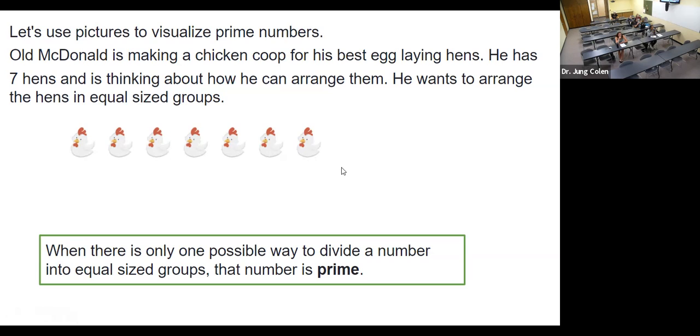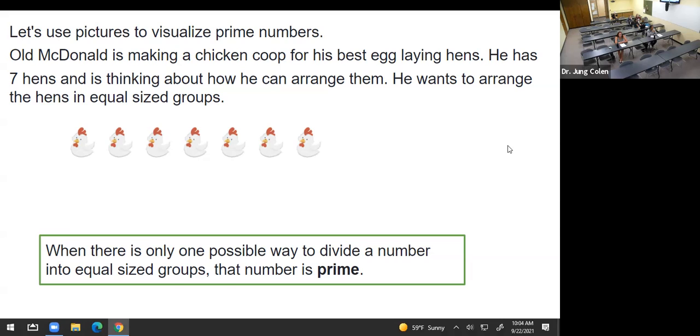So 7 times 1 is the only way. That's the same as 1 times 7. So we consider that as 1. We see only one way of arranging the 7 chickens. We call that number prime. If you have more than one way, it's not prime anymore.